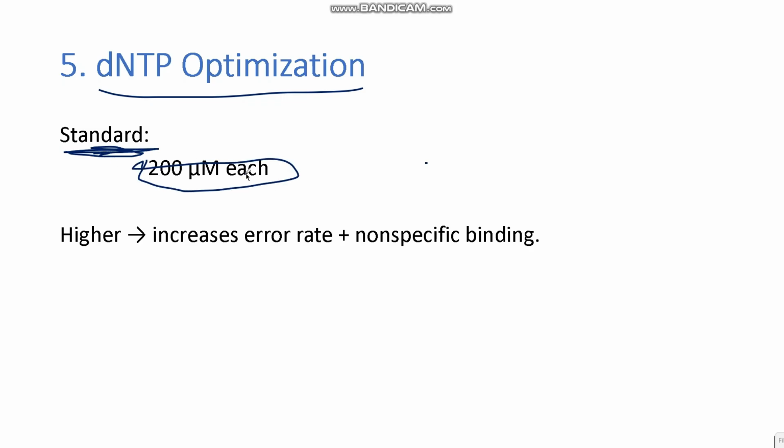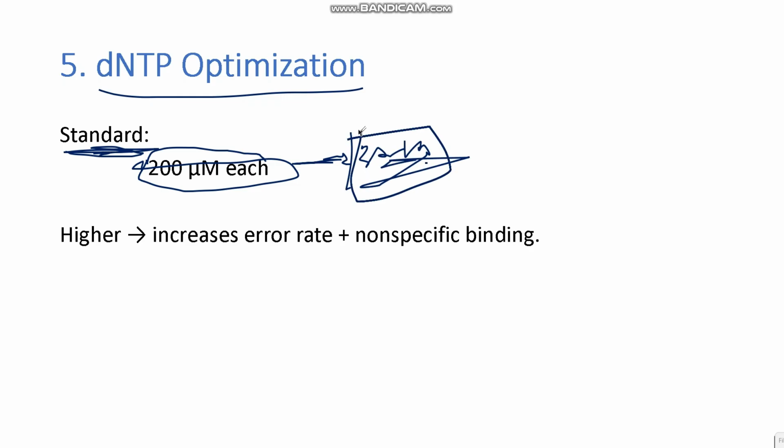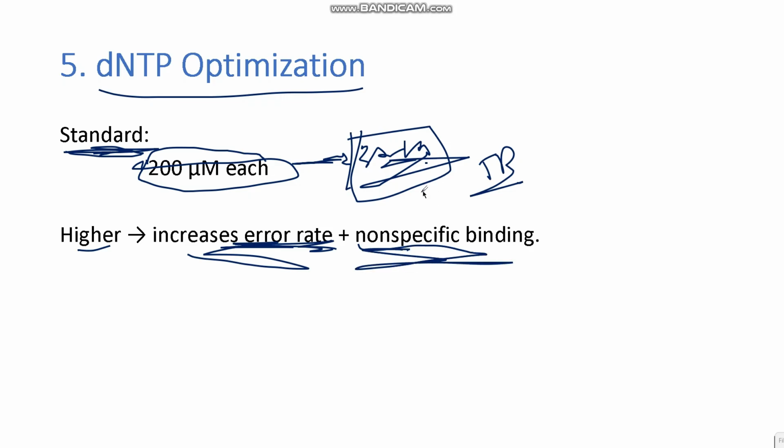The 200 micromolar dNTP is enough for 30 to 40 cycles and enough to extend your target region. If it is high, it increases the error rate, and we also get non-specific binding.